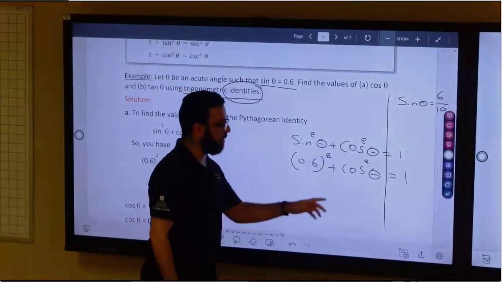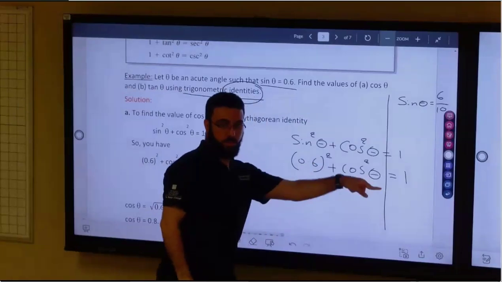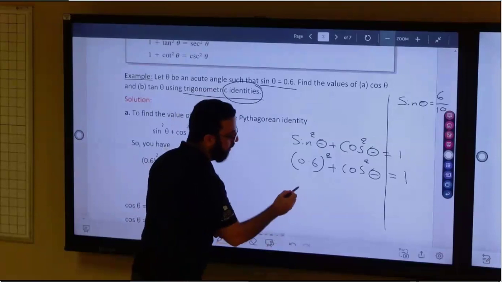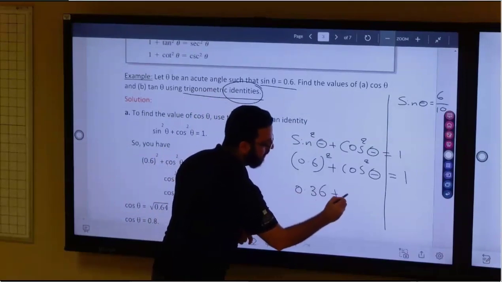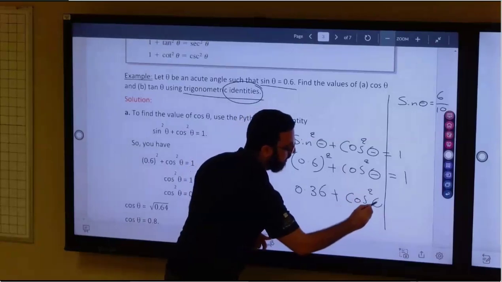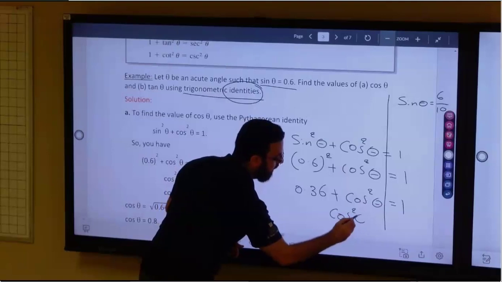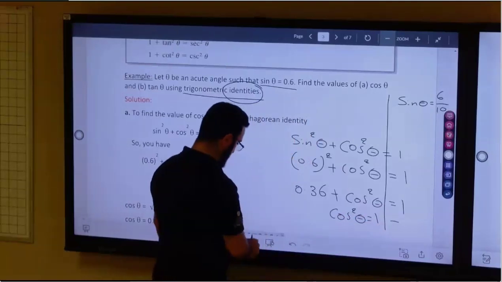Now how am I going to find the cosine? First multiply 0.6 by 0.6, so it's going to be 0.36 plus cosine square theta equals 1. Now cosine square theta is going to be 1 minus 0.36.